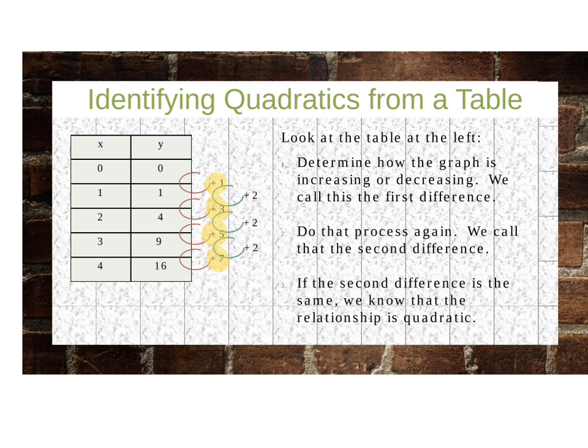But let's take a closer look at what they call the second difference. 1 plus 2 does equal 3, and 3 plus 2 does equal 5. 5 plus 2 equals 7. This second difference is uniform, therefore this is the table of a quadratic equation. If the second difference is the same, we know the relationship is quadratic.